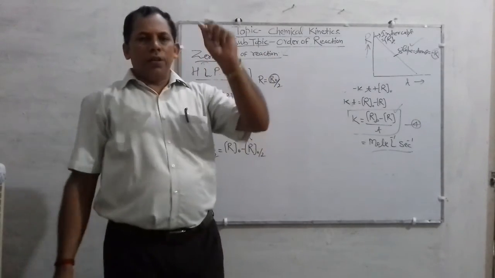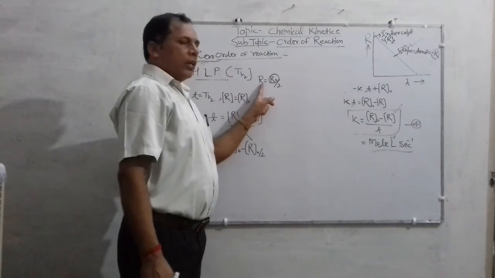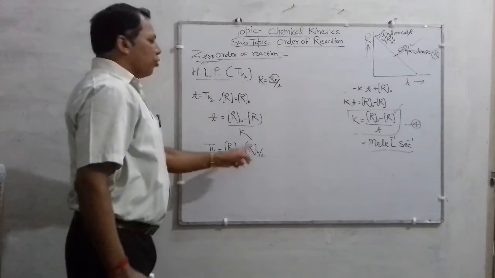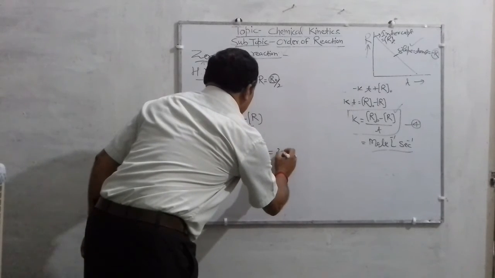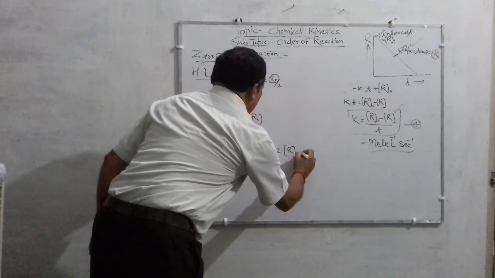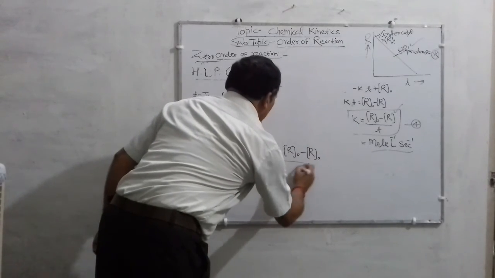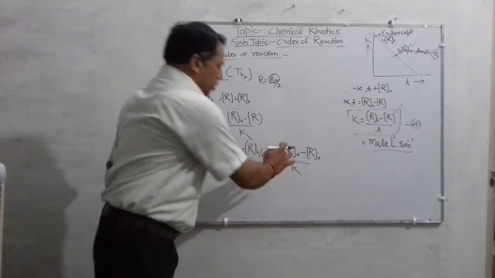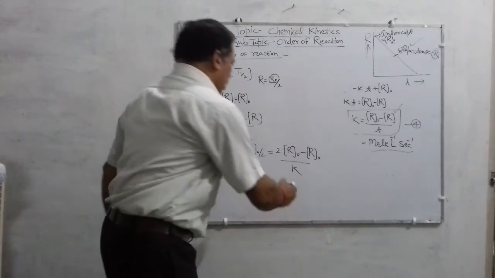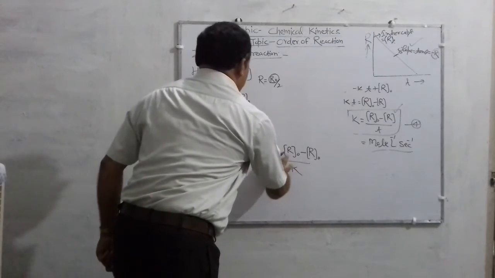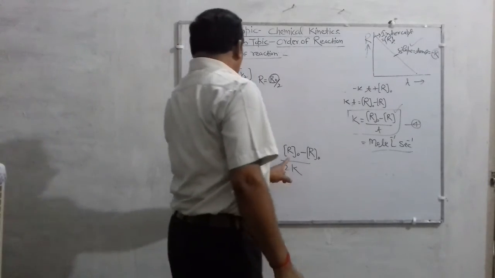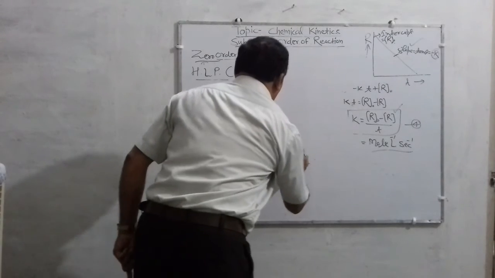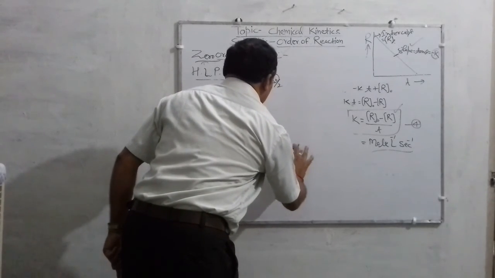If you solve it, the value will come 2 R0 minus R0 upon 2K, just like 2x minus x is x. Solving you will get R0 by 2K.